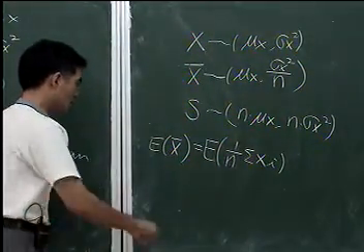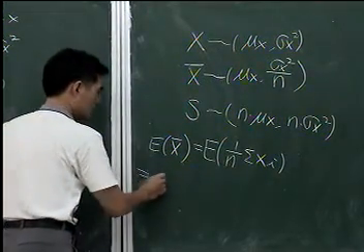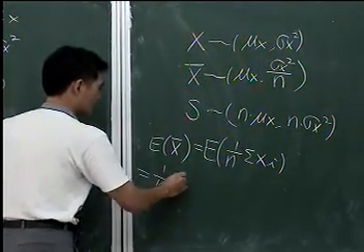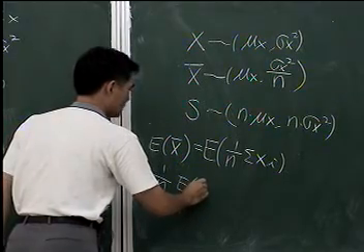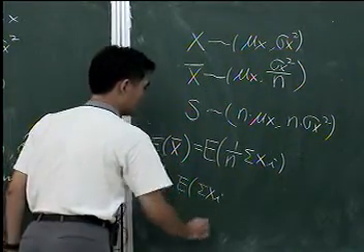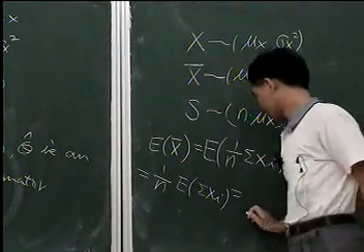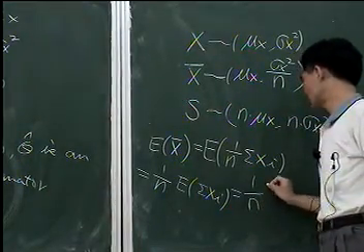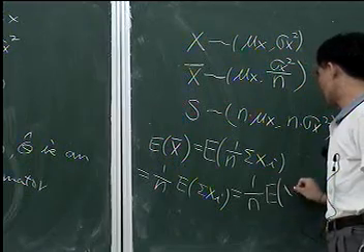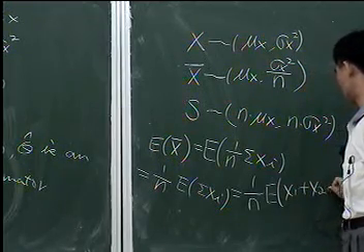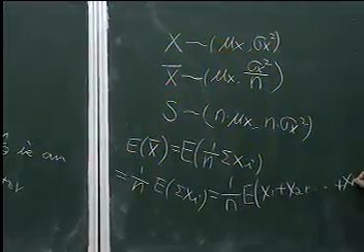Then we can get this out. It's 1 over n times the expectation of the summation xi, which is 1 over n times the expectation of x1 plus x2 plus up to xn.